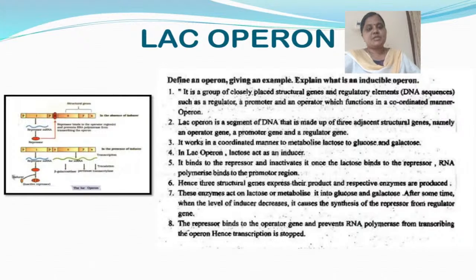Hence, the three structural genes express their products and the respective enzymes are produced, which metabolize lactose into glucose and galactose. After some time, when the level of inducer decreases, it causes the synthesis of repressor from the regulator gene. By binding to the operator gene, the repressor prevents RNA polymerase from transcribing the operon. So the transcription is stopped. So this is about the operon.